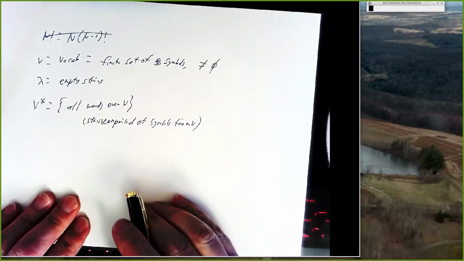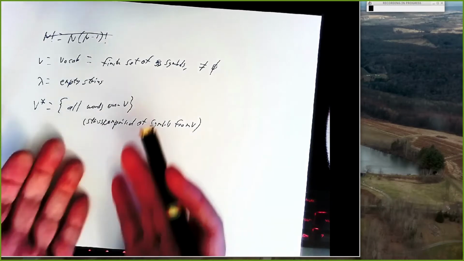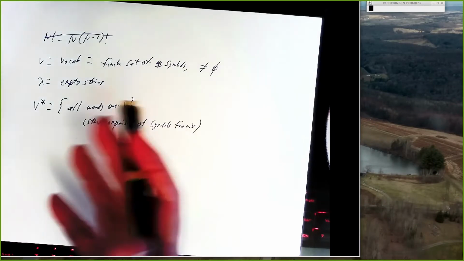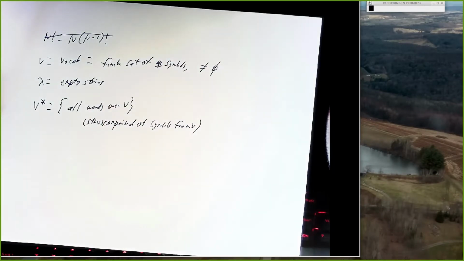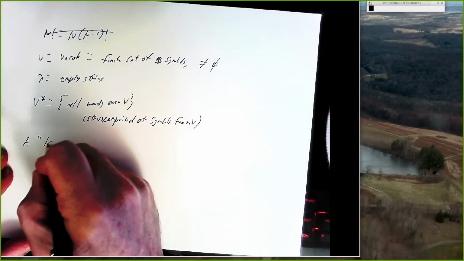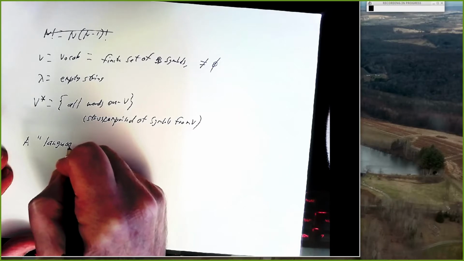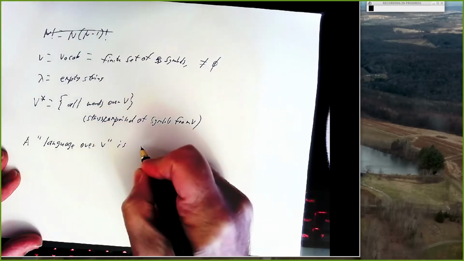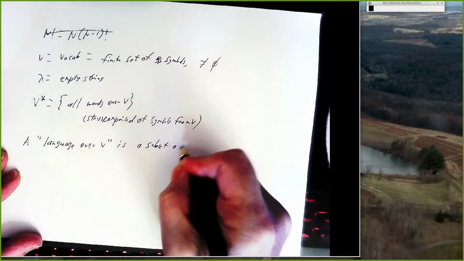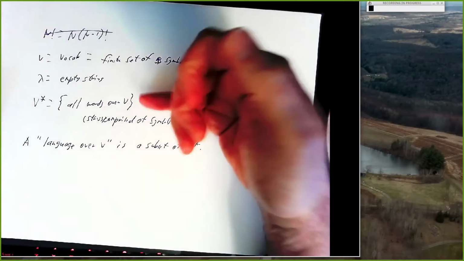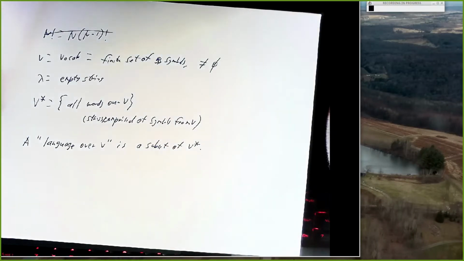Vocabulary is a finite set of symbols. A word over the vocabulary is a string comprised of symbols from that set V. And V star is the set of all such strings, all words over V. And then the thing we're after, which is a language over V, is just a subset of V star. So it's a particular set of strings where the strings are comprised of these symbols from the vocabulary.